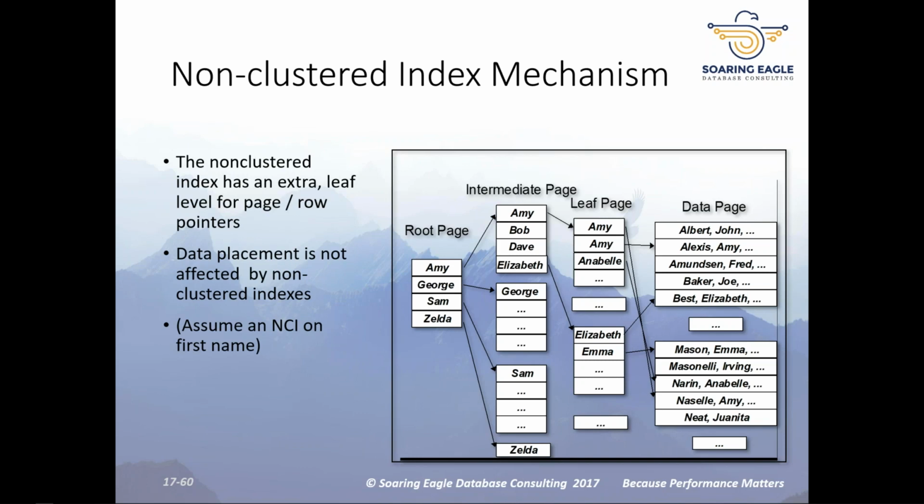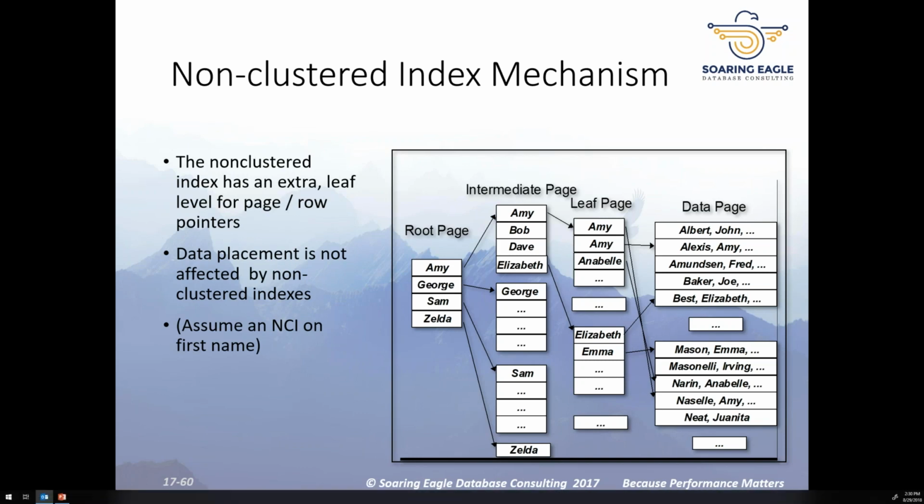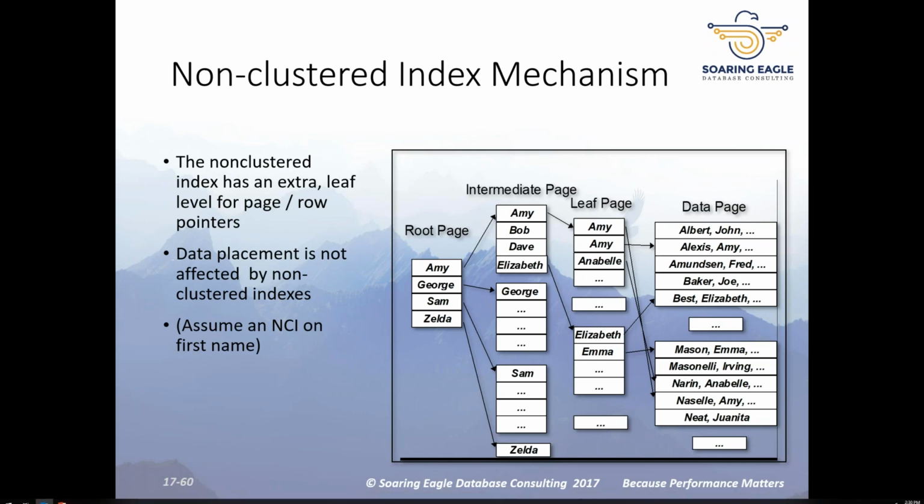What we're going to do is take each entry from the data page, because we need to be able to find every entry, and put that into the leaf page. Let's translate that. Again, if I have 1 million rows of data, I have 1 million entries in the leaf page. So the size of the clustered index is proportional to the number of pages of data. The size of the non-clustered index is proportional to the number of rows of data.